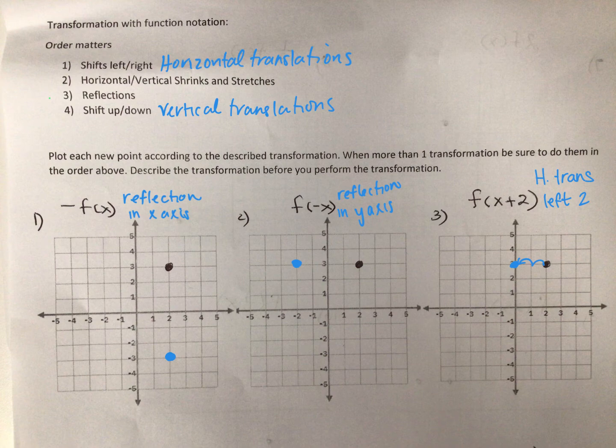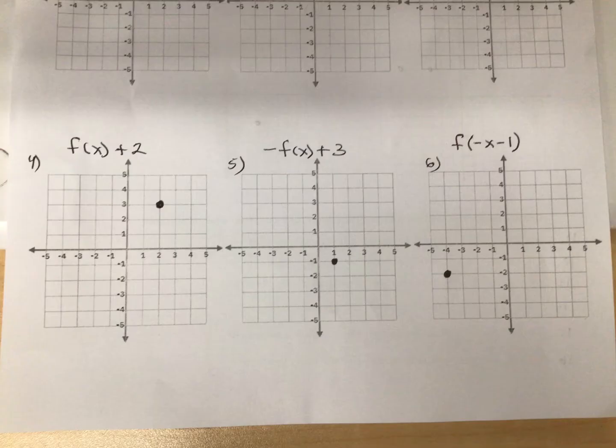Are we good with these three? Okay. All right. Outside the function is vertical. Adding and subtracting is shifts, translations. So adding outside is up and down. So we would call this a vertical translation up 2, or 2 units up.